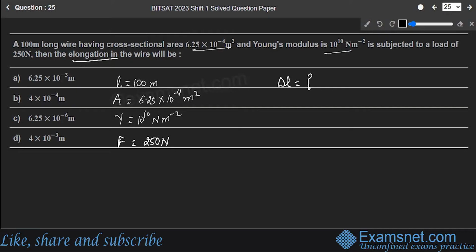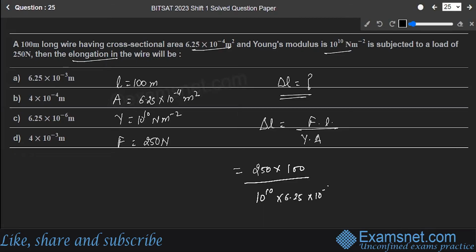So basically you have to find the change in length, right? And this change in length is given by force into length upon Young's modulus into area. So you know everything. Let's fill in the values. The force is 250 newtons, and the length is 100. Young's modulus 10 power 10.